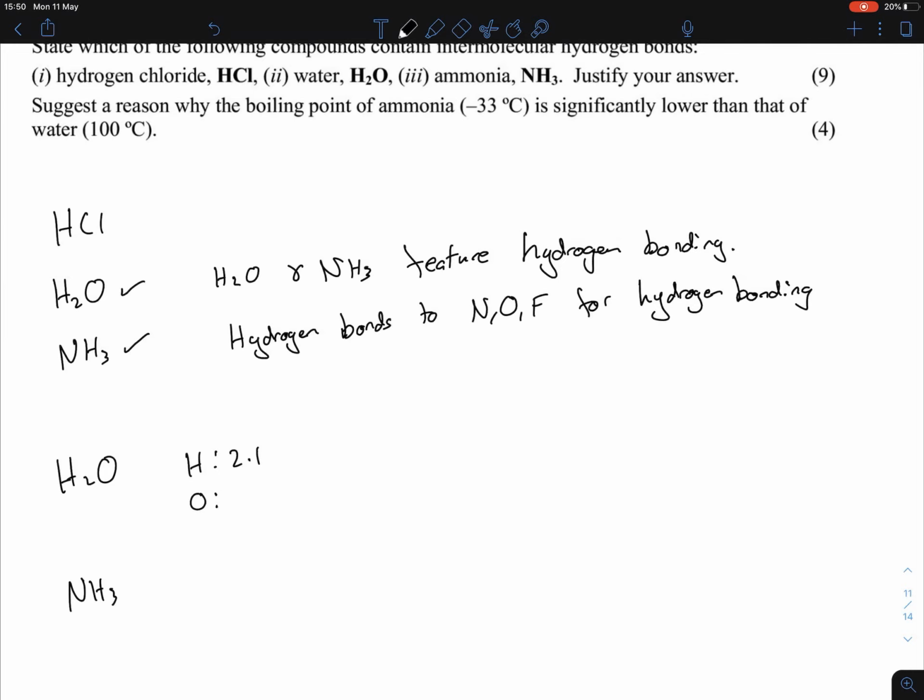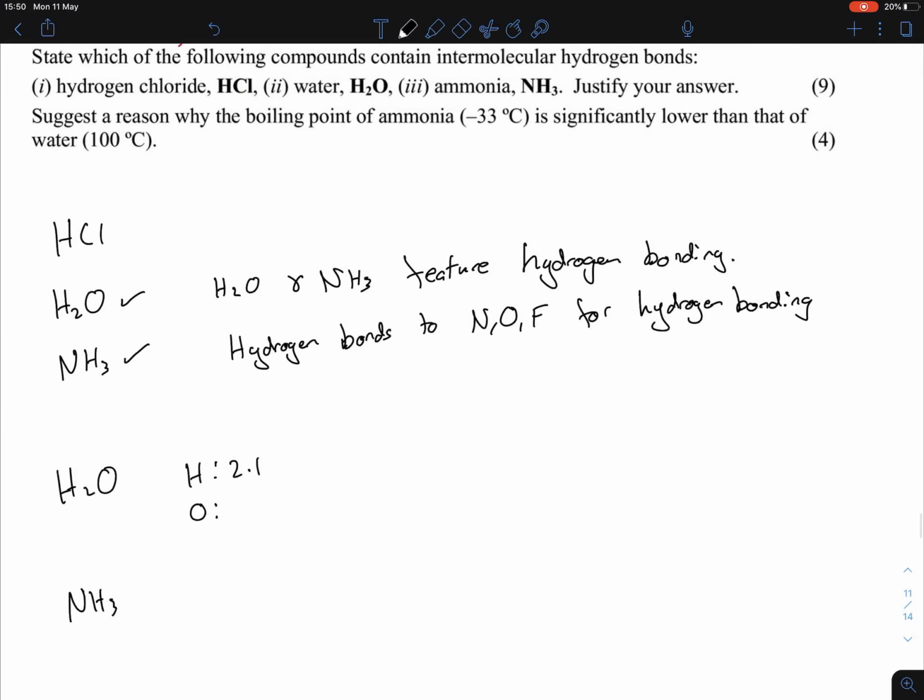Oxygen is, I'm not sure, I'll have to check it up in a second. But nitrogen is a 3 and hydrogen is 2.1. So the difference is 0.9.